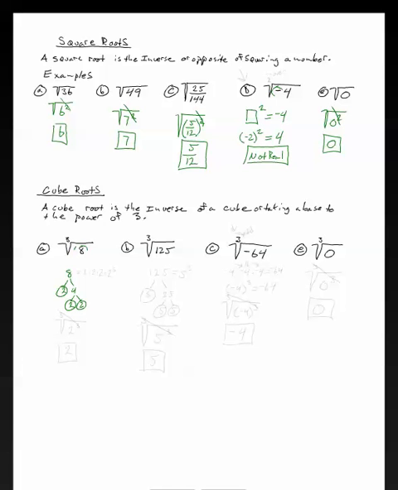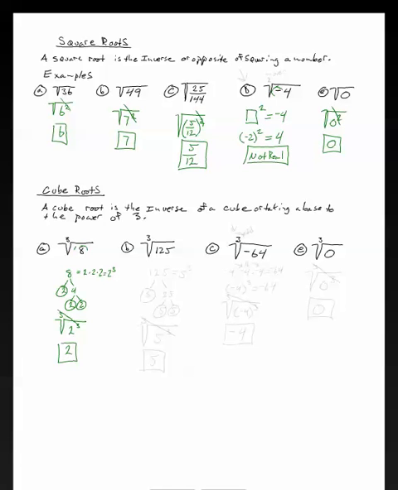And I circled those. So 8 can be rewritten as 2 times 2 times 2, which is 2 to the power of 3. So I can rewrite the cube root of 8 as the cube root of 2 to the power of 3. And now the cube root and the power of 3 will cancel, and I'm left with 2.